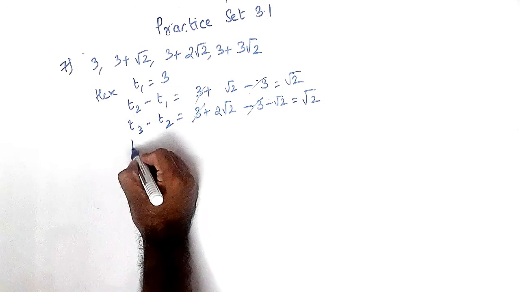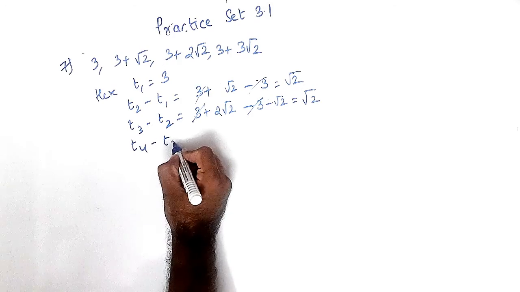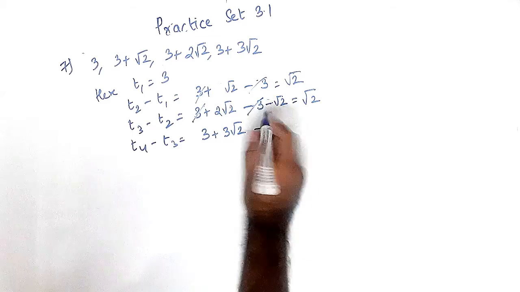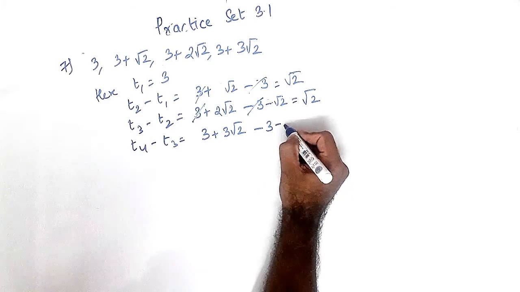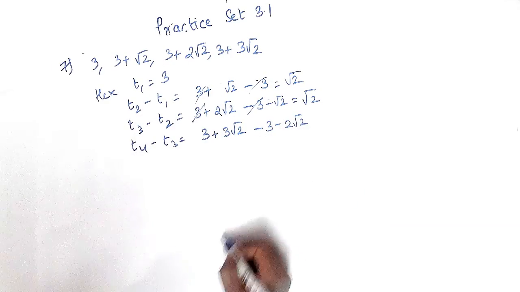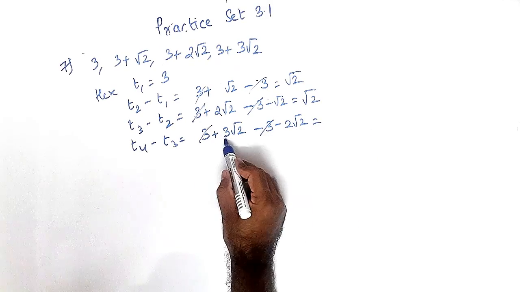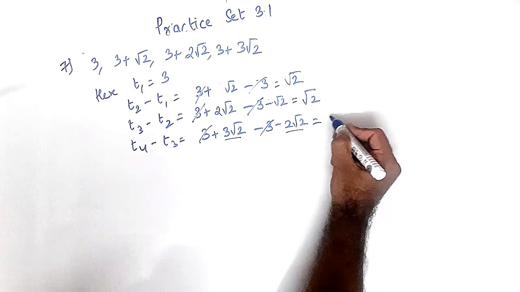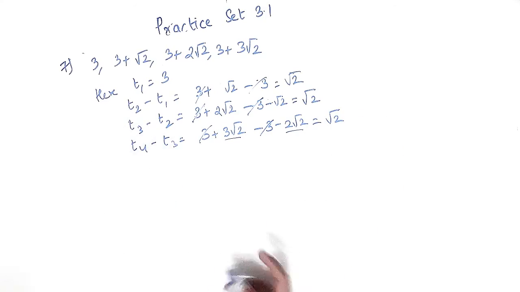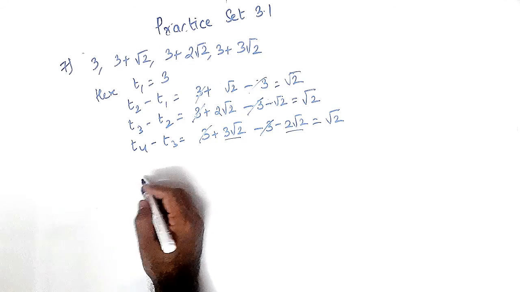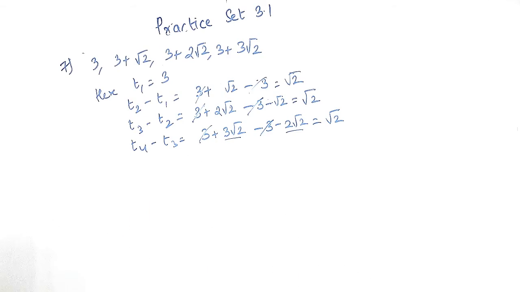Okay. Then again T4 minus T3. You can see it is 3 plus 3 root 2 minus, I am changing the sign here, minus 3 minus 2 root 2. So 3 minus 3 becomes 0, and 3 root 2 minus 2 root 2 again becomes 1 root 2. So again here also the common difference, the difference between any two consecutive terms is constant.